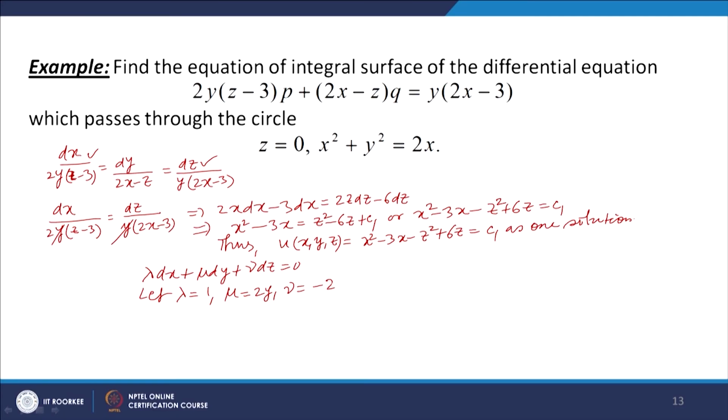Let us see this. So, what we will get then, lambda dx plus mu dy plus nu dz, this will be giving you: lambda we are multiplying by 1, so 2yz minus 3, mu is 2y, so 2y into 2x minus z.